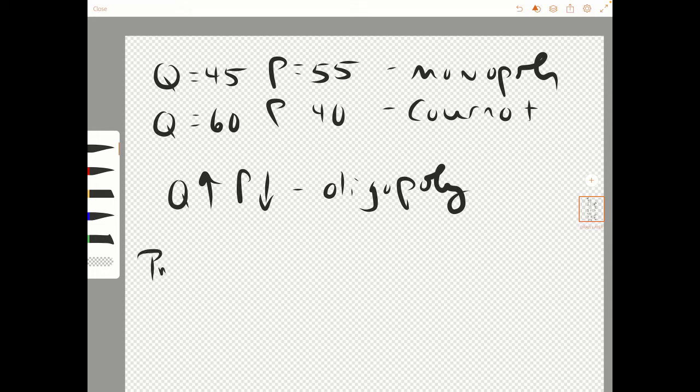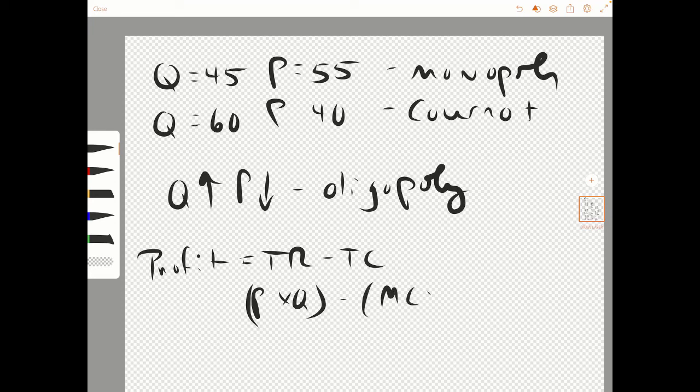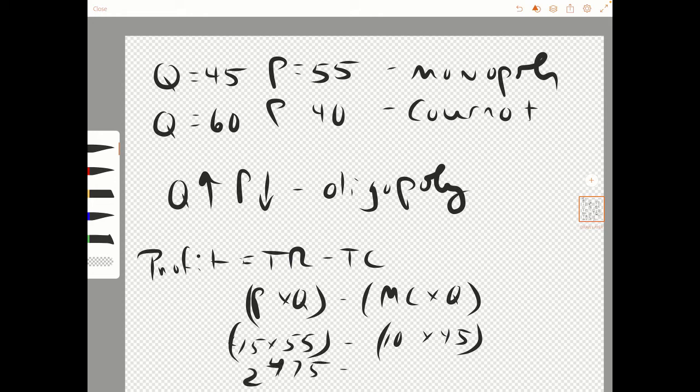So remember, when we calculate profit, we're taking total revenue minus total cost. Total revenue is price times quantity. Total cost is marginal cost times quantity. So for the monopolist, we have 45 times 55 minus 10 times 45, which gives us 2,475 minus 450, or a total profit of 2,025.